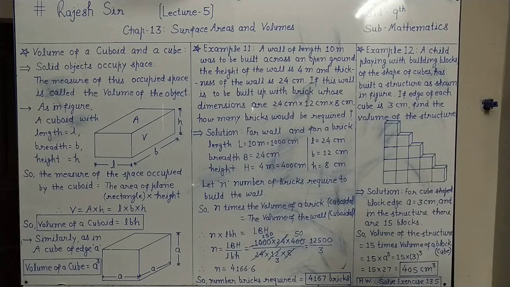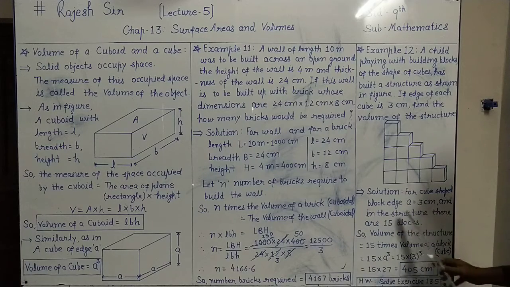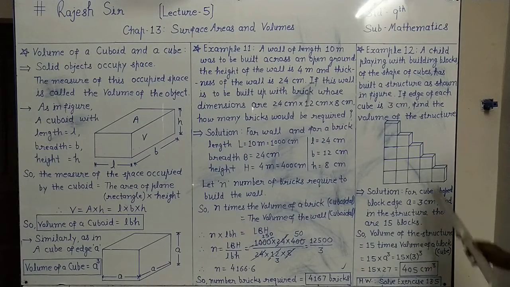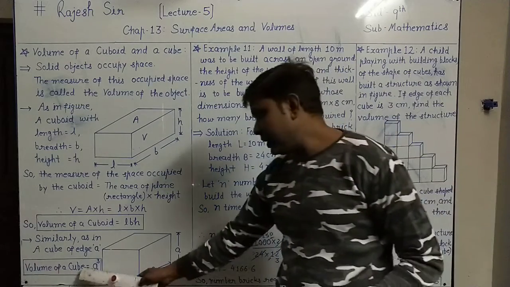He has used 15 blocks to make this structure. So to find the volume of the structure, it is 15 times the volume of a block, and each block is of cube shape, so the volume of a block is a cube.